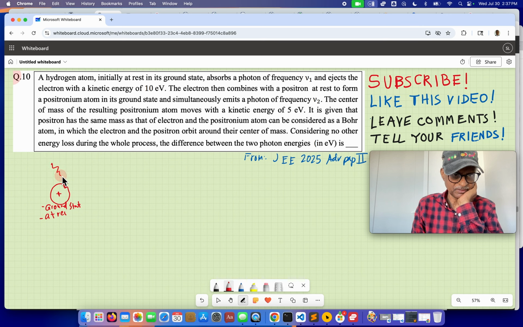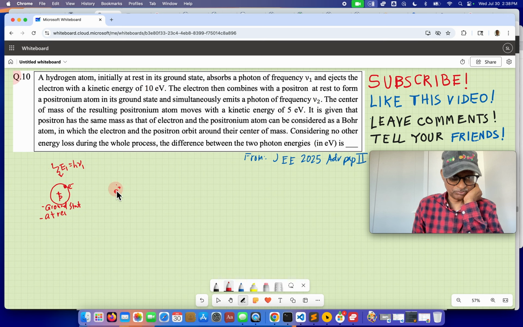Then in comes a photon with energy E1, h nu 1, and this electron goes away. Over here this is a proton and this is an electron, and then you have a positron.